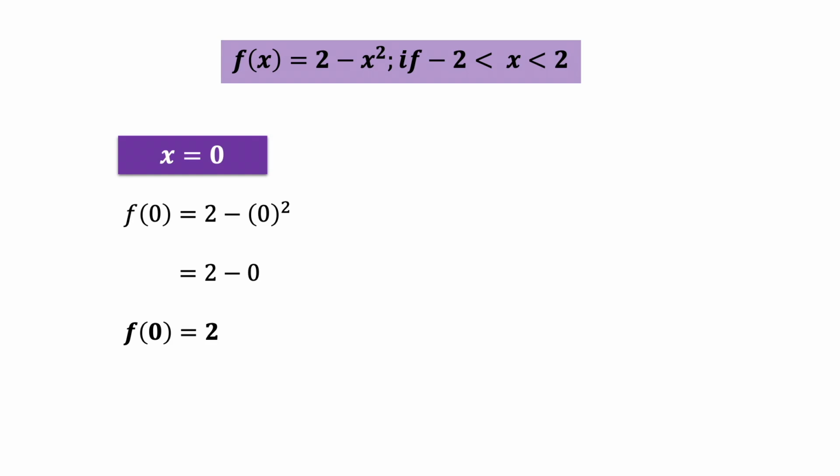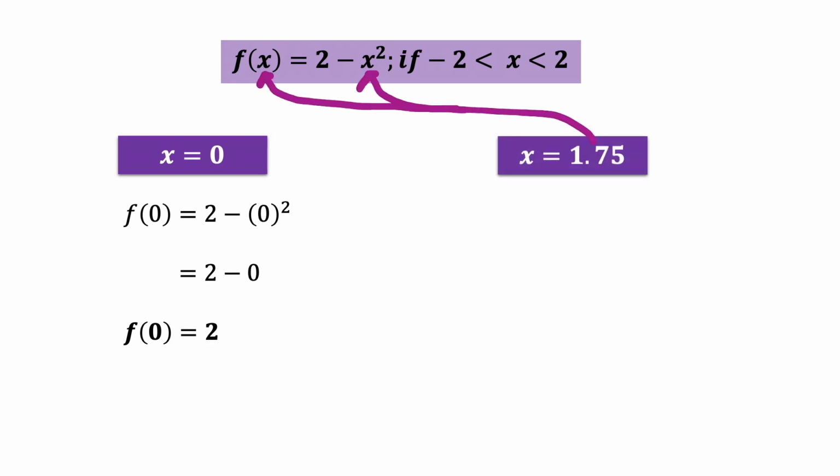Following the same procedure, if we substitute 1.75 to all x variables of the same subfunction, we will have f of 1.75 equals 2 minus quantity 1.75 squared. Simplifying our equation, we will have 3.0625.